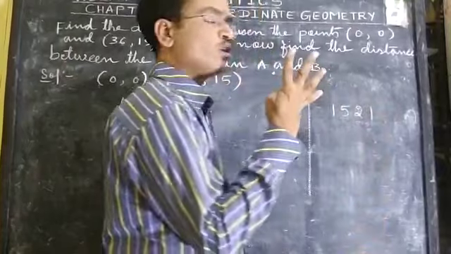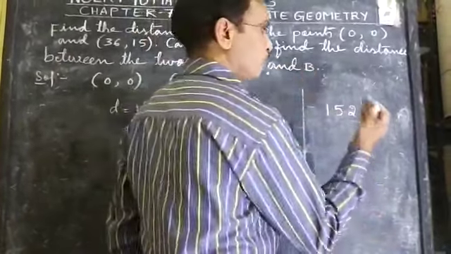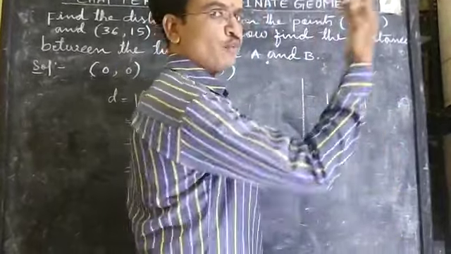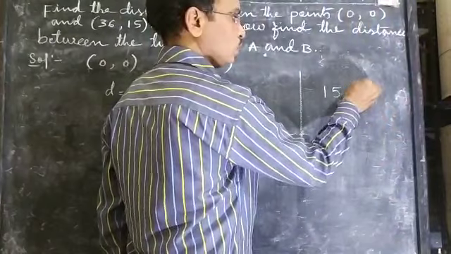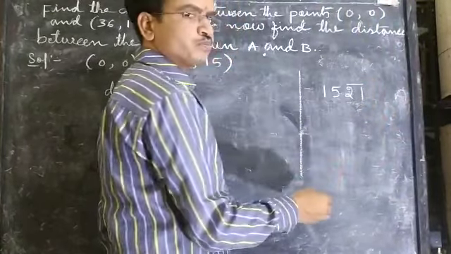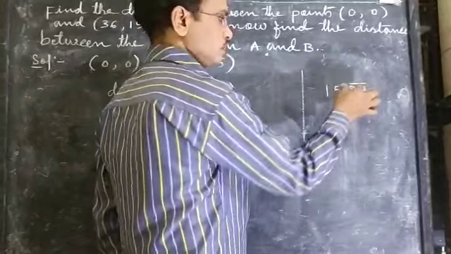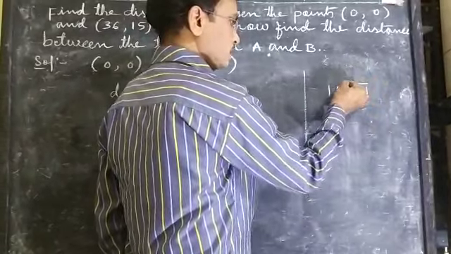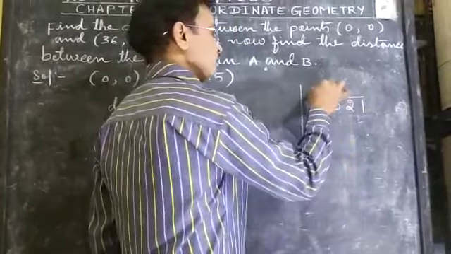Here 4 digits are there, so we should make groups from the right hand side. 2 digits make 1 group, this is the first group. Put a bar over these 2 digits. This one will become the second group.